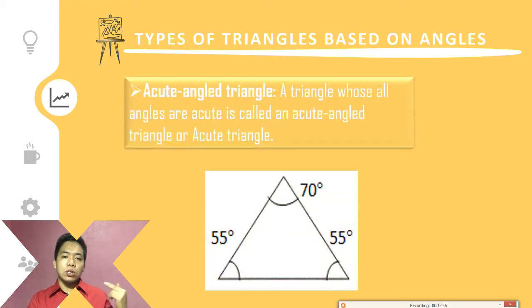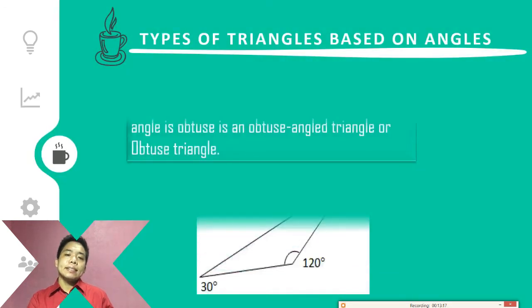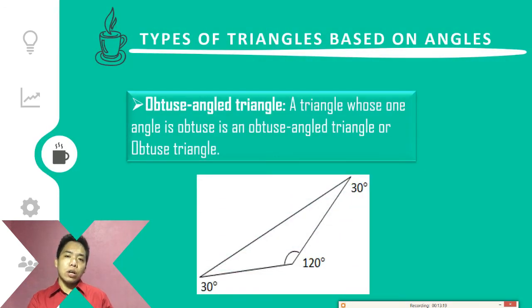First is an acute angled triangle. From its name, a triangle whose angles are all acute. If all the angles of a triangle are acute, meaning less than 90 degrees, then we can call it an acute angled triangle. Second one is an obtuse angled triangle.